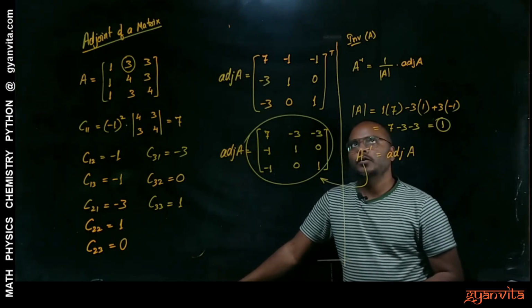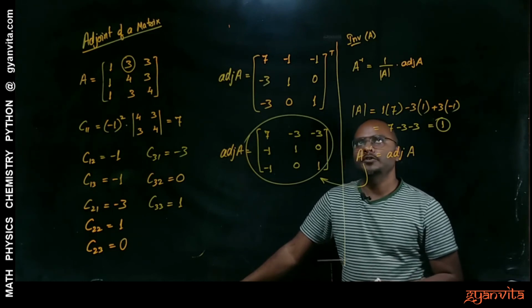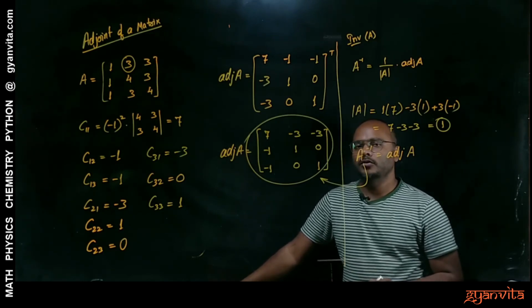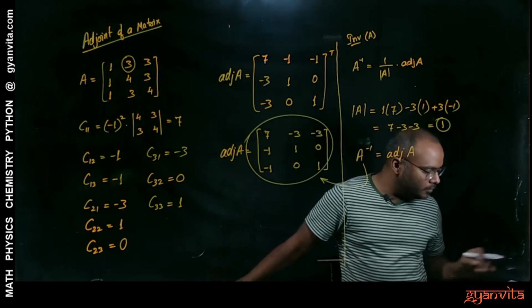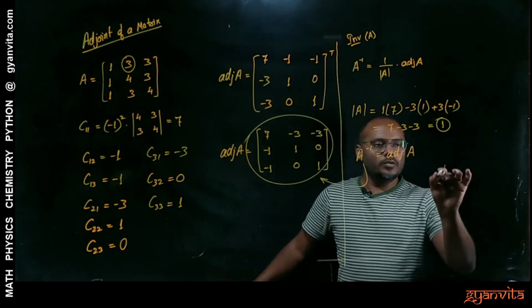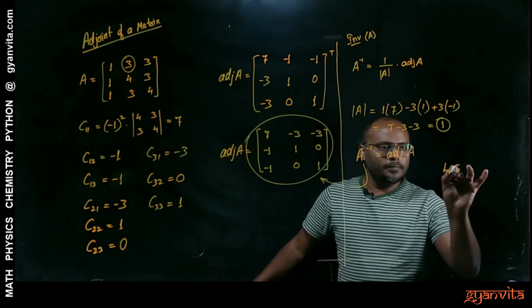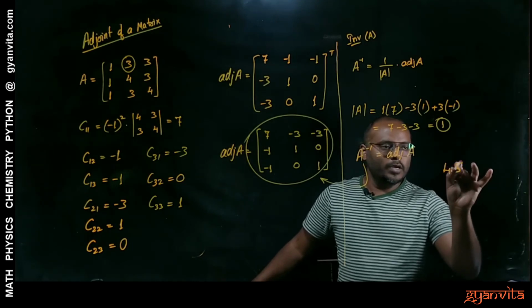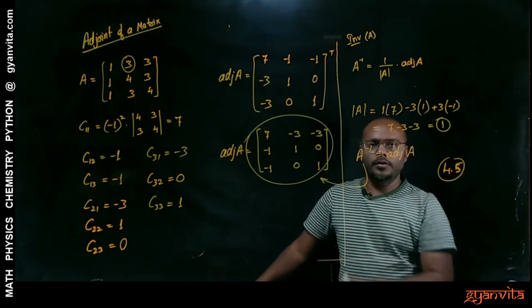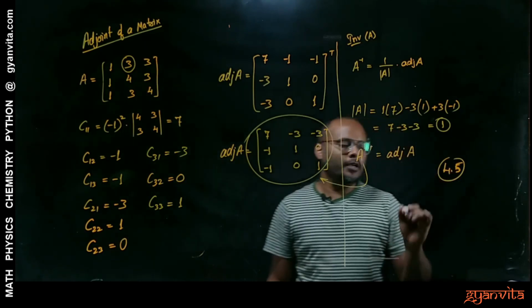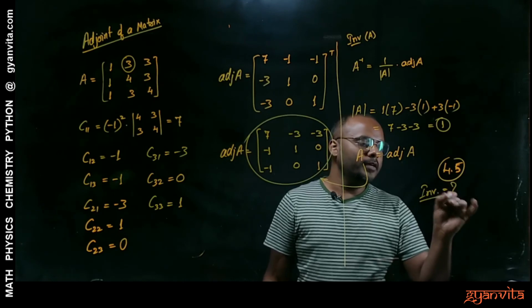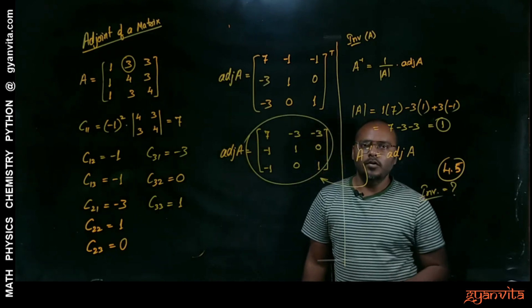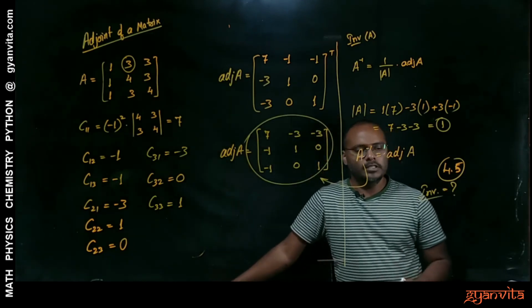So now at least the questions in which we have to find the inverse can be done. That is your exercise number 4.5. Till 4.4 you can do everything. In 4.5 you can solve all the questions where you have to find the inverse, not the properties of inverse, just the inverse.